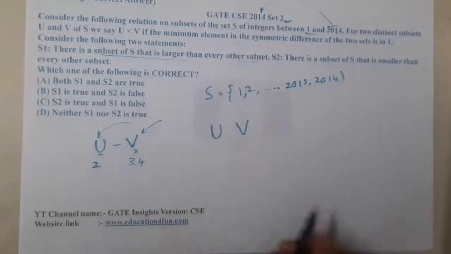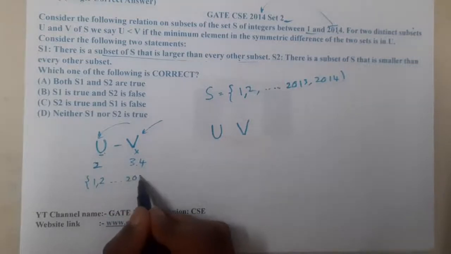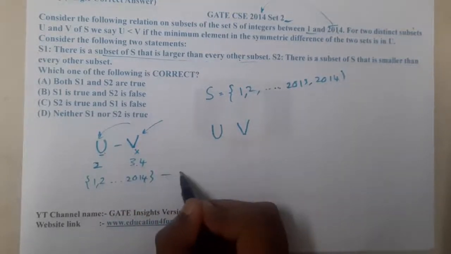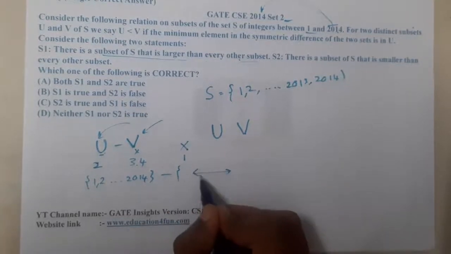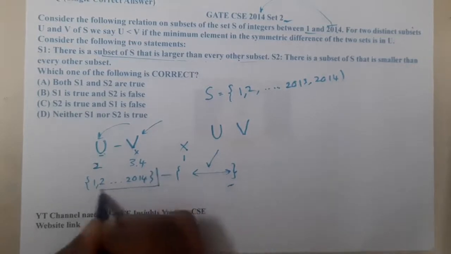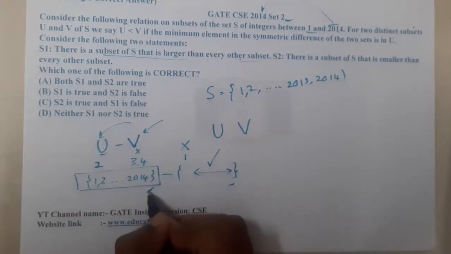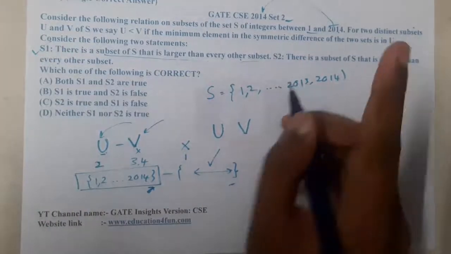If you observe carefully, you could have everything from 1 to 2014 in U, and the only condition with respect to V is that V should not have 1. Other than that, anything could be there in V. With this understanding, we can prove that one of the sets is the largest subset possible. So S1 is true.